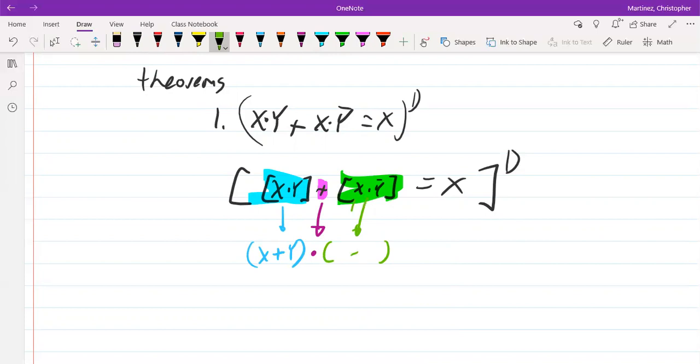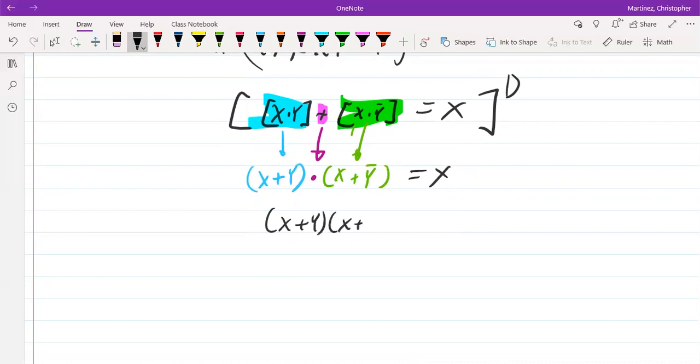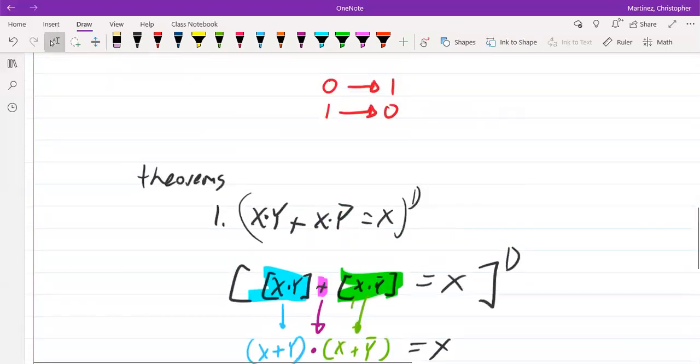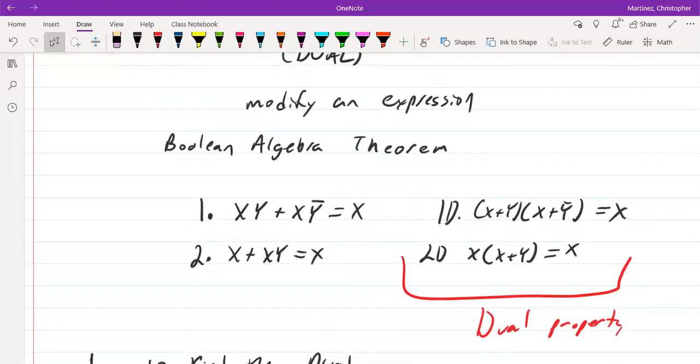The and is going to become an or. The variables come down. And then that is equal to x. We don't change anything with the variable. Okay, so let me just clean this up all in black. That says x plus y bar is equal to x. Okay, so let's go up and let's look at what 1D will be. And we see 1D is the exact same item that has been modified.